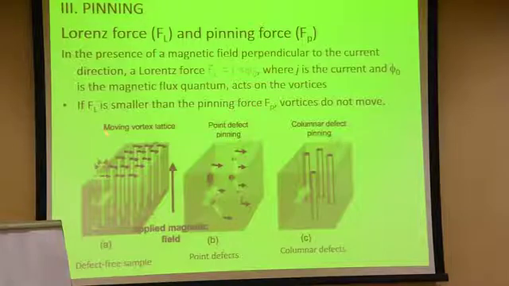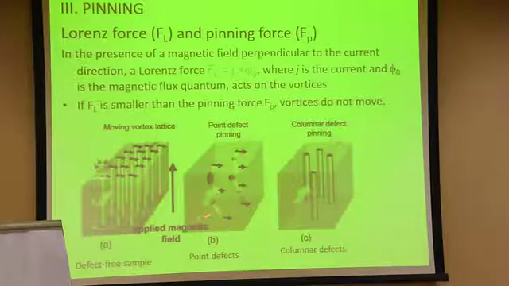So what can we have? If we have a defect-free sample, no defects there, and we have a field like this, and we apply a perpendicular current, then the Lorentz force will make all these vortices move to the right, and we have dissipation. Now, if we have some point defect pinning, some regions of non-superconducting material, which can be inclusions, voids, many types of defects, parts of the vortex are happy to stay there.